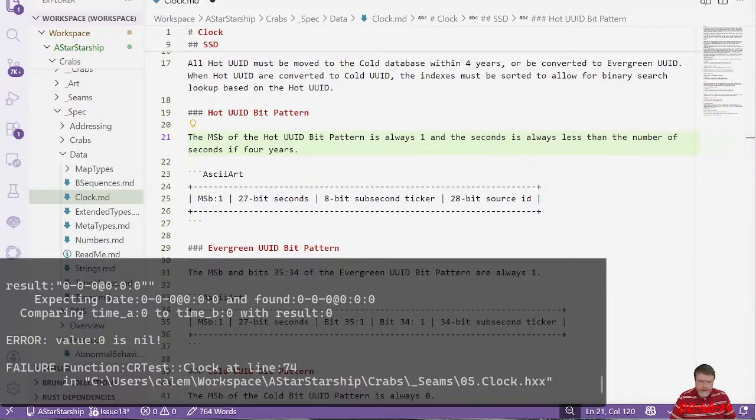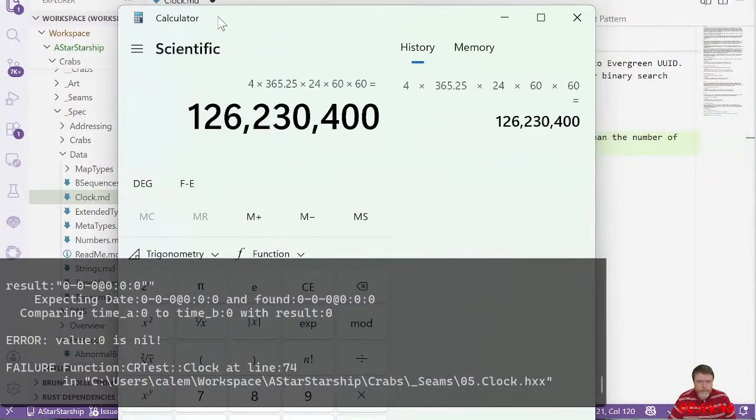And then we're just going to have to put that in, whatever that is, 4 times 365.25 times 24 times 60 times 60.